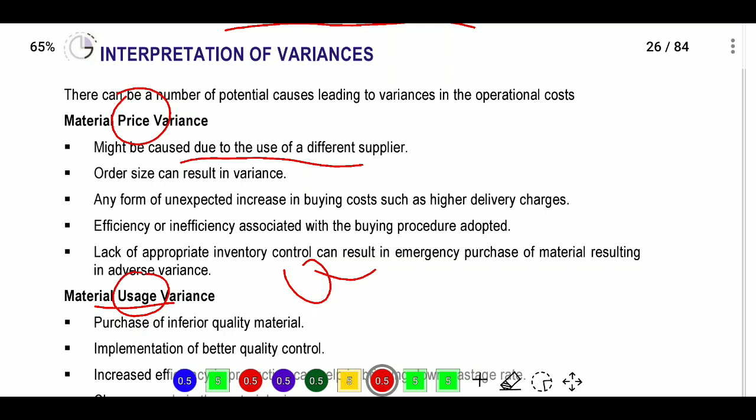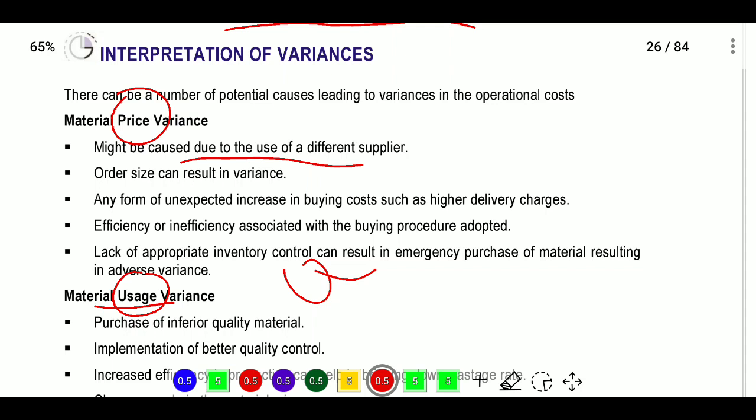If you purchase from different suppliers, the price differs. We estimate 10 rupees, and our usual supplier sells at 10 rupees and gives a 1 rupee discount normally, so we budget 9 rupees. But if we go to another supplier, to whom we are new, he will sell at 12 rupees. That is due to different suppliers.